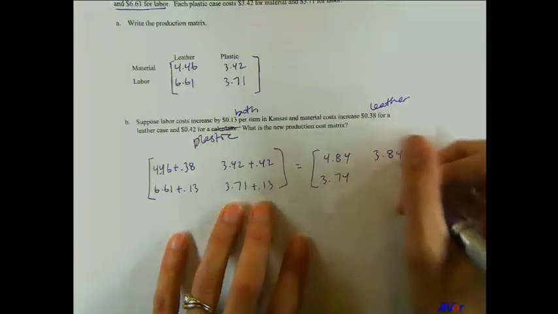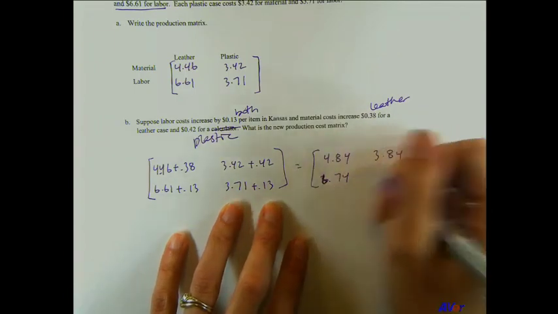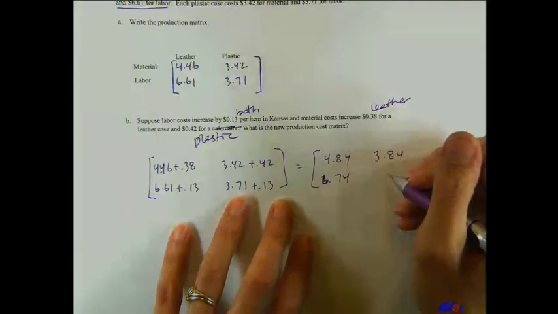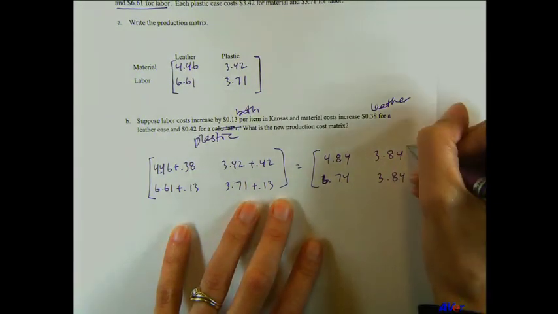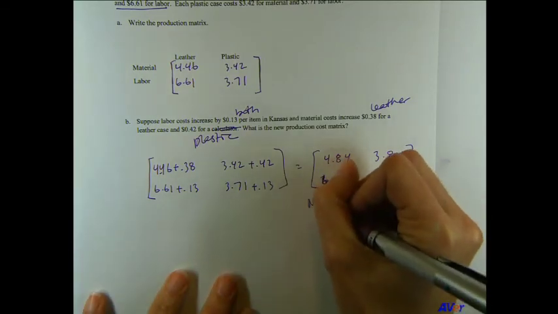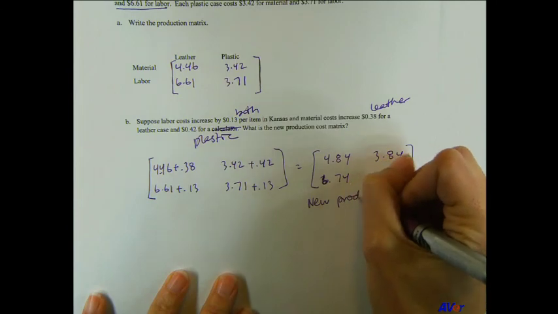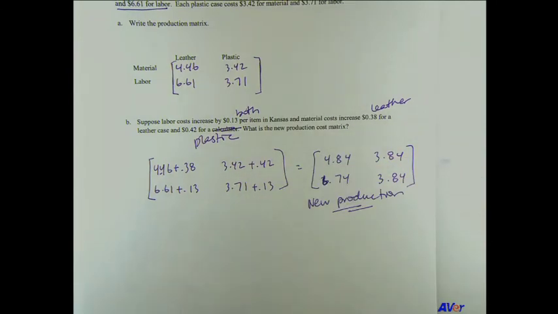Oops, that would be 6.74. And then the last one, 371 plus 13, would be 384. Did I write that one down right? Yeah, I think so. So that would be your new production matrix. And this gets you through section 2.3, a much shorter section.